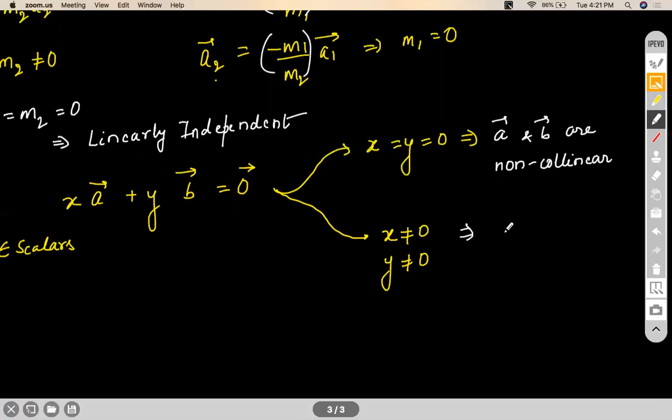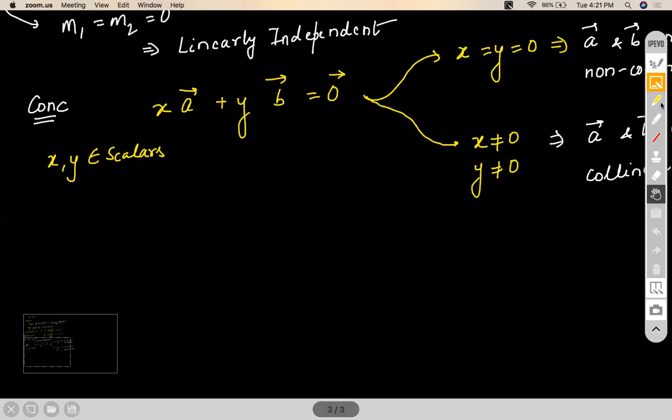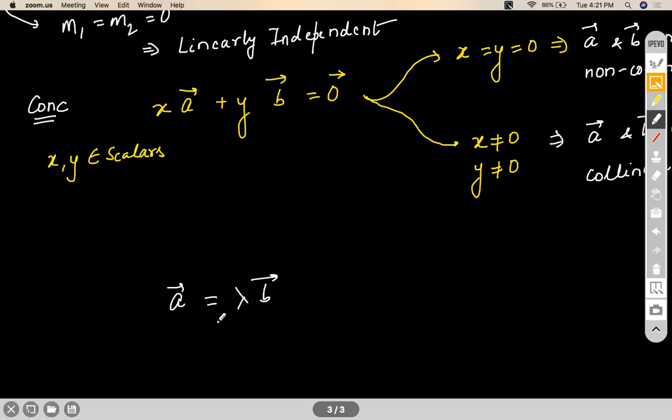Then you can safely conclude that A and B are collinear vectors. So this is a very important test for collinearity, other than the fact that you can also write A as some lambda times B, lambda being not 0. If A is not a null vector, lambda should not be 0. So this is test number 1.